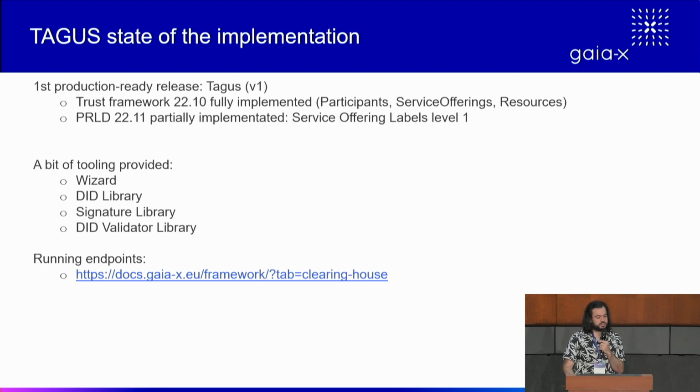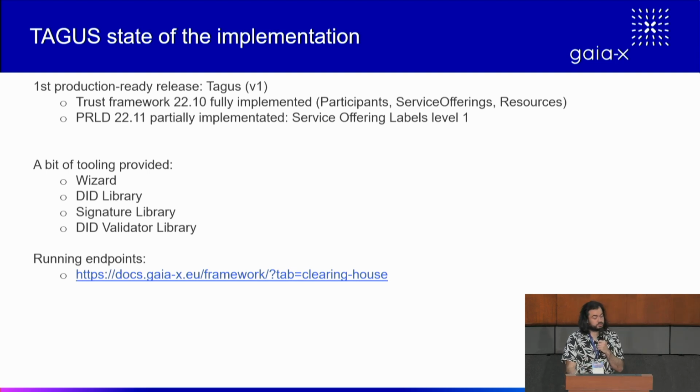We also implemented partially the policy and rule labeling document 2211, meaning that you have access to the service offerings labels level 1. Given the state of the specs at the moment, either you are compliant with all the labels or not, which is a bit lame, but still you can claim to be compliant with the service offering labels level 1.